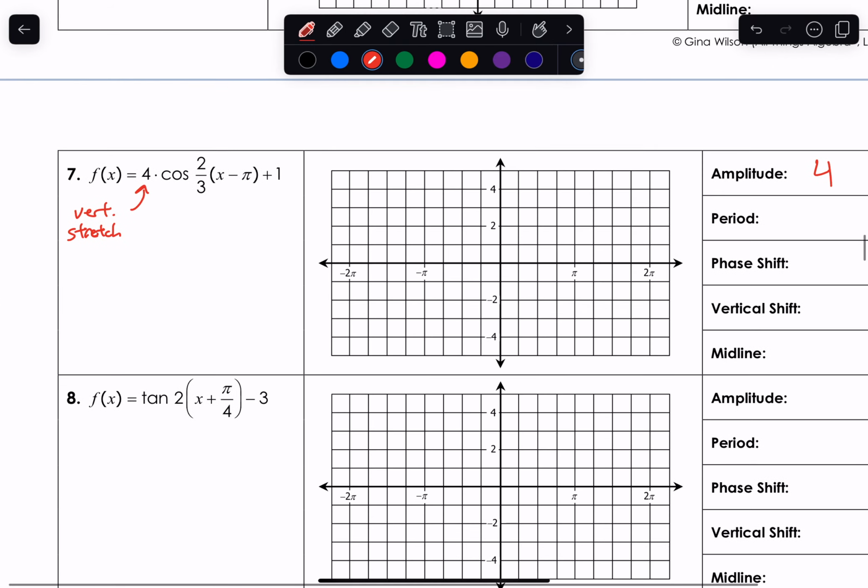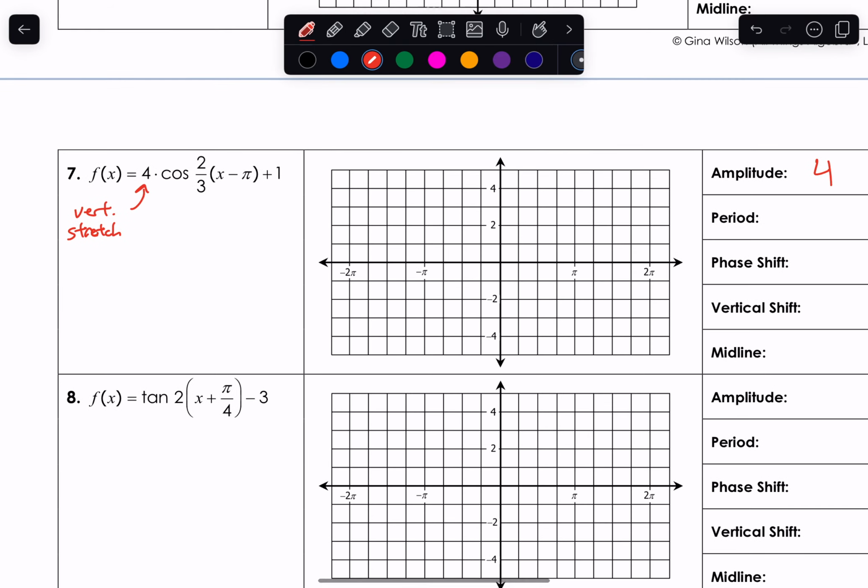Great. Now, I see something a little interesting here. I see this 2/3. This 2/3 is a B, and you know that means it's going to change my period. Now, we learned yesterday that 2 pi over the absolute value of B gives me my period. So I'm going to do this calculation by saying it's 2 pi divided by 2/3.